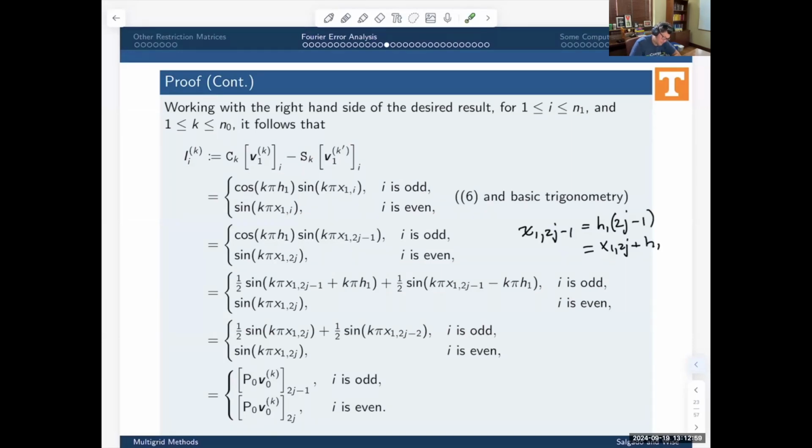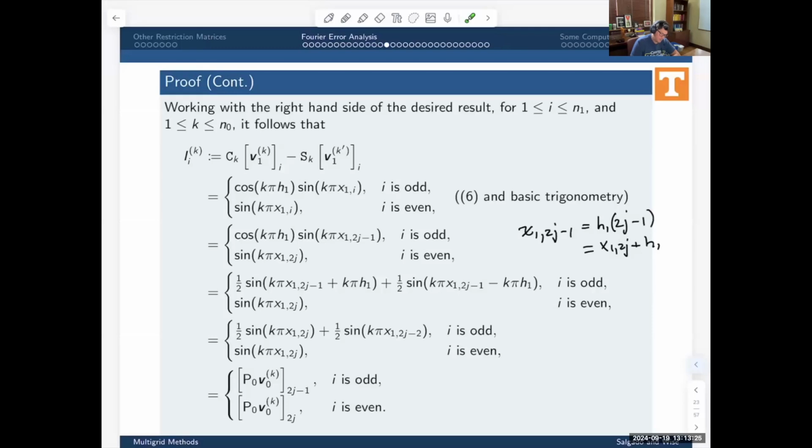So I'm going to use that fact to write this as the sine of the sum of two angles, and then I'm going to use another trigonometric identity to convert that to this line that you see here.